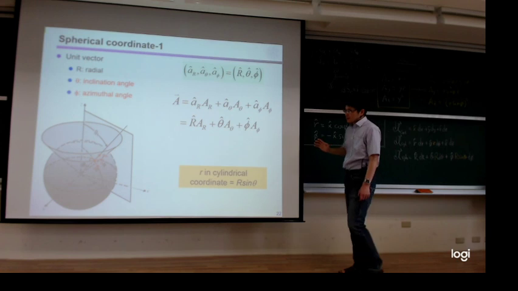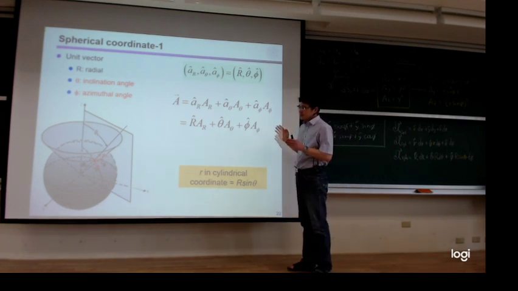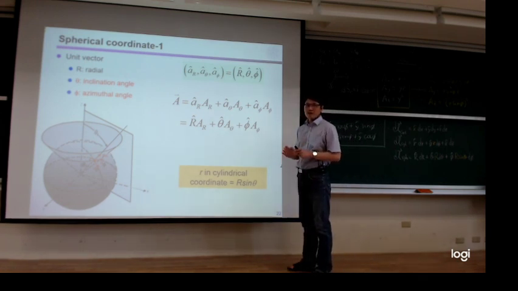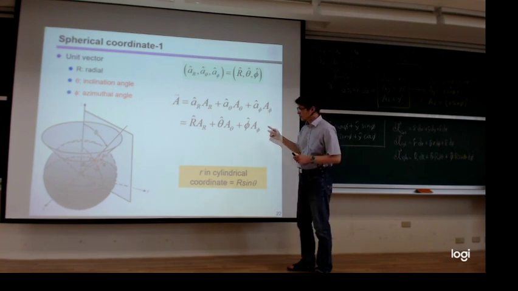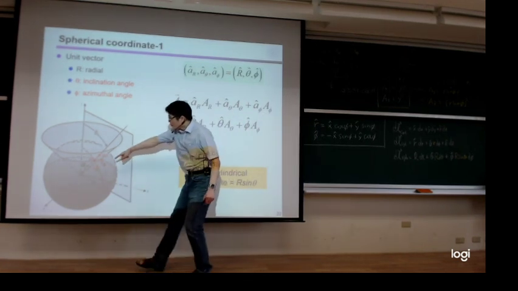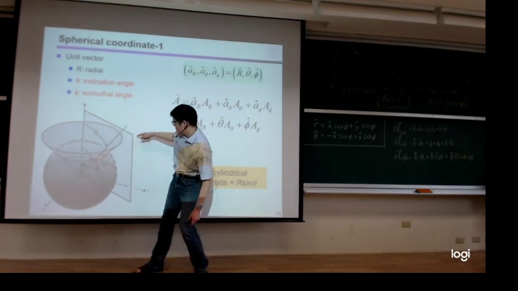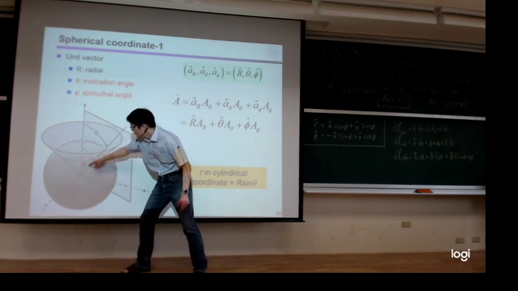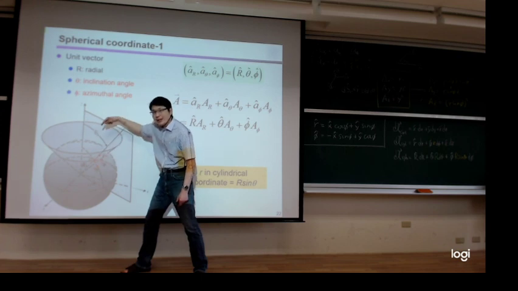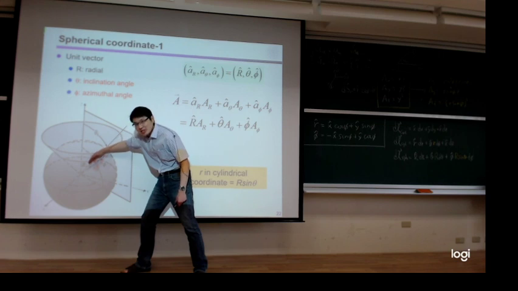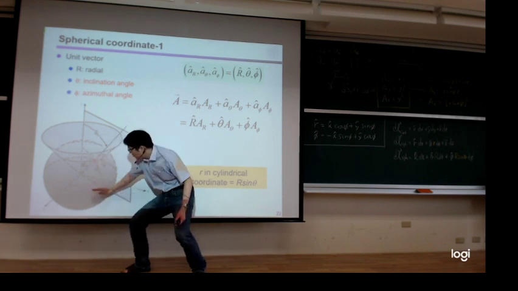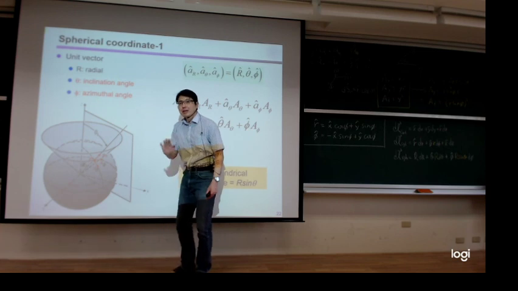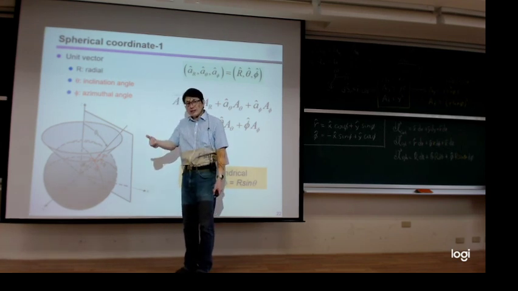Remember, the most important knowledge for you to understand about spherical coordinate is, where is your radius? This is your radius, right? This radius is the three-dimensional radius. But if we make a projection of that radius onto the xy plane, you also have a radius, right?